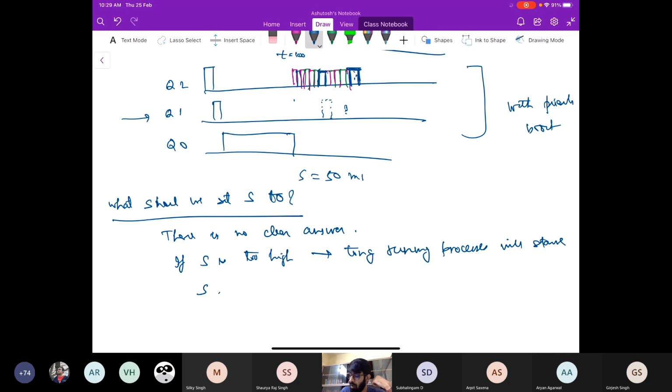And if it is too low, then okay, for long I wrote wrong. Then what will happen? Then the interactive processes will not get their fair share.